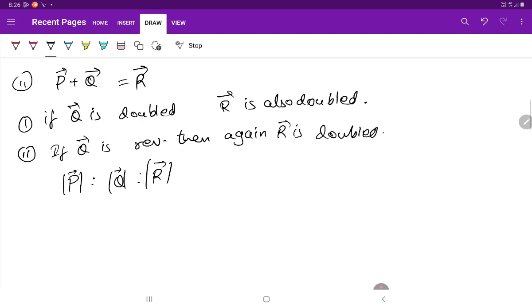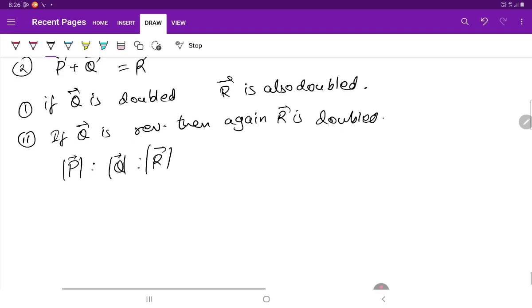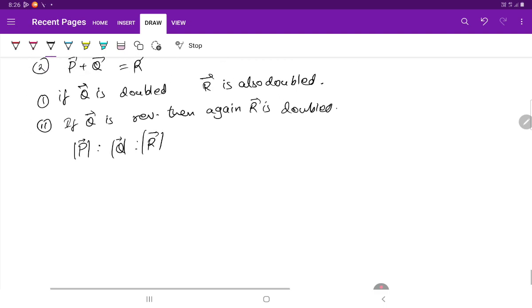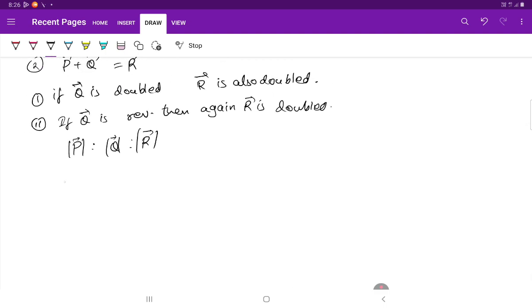Try this question, pause the video. Now I'll be getting started. So yeah, first thing we'll be writing just the magnitude expression. I'm writing with red color. R square is equal to P square plus Q square plus 2PQ cos theta.